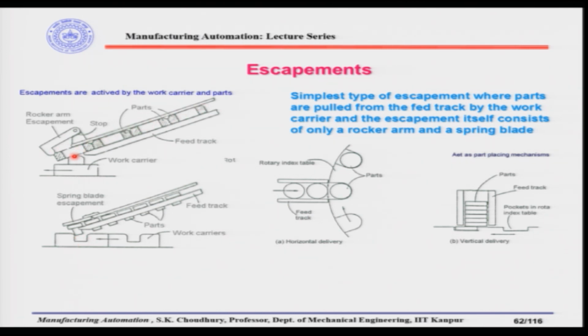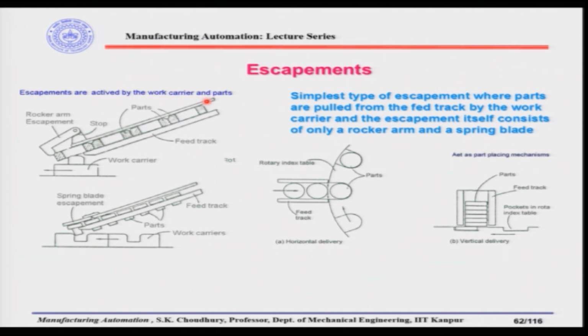So, when one part is coming here, the rocker arm escapement will stop the other parts from flowing down the feed track. Similarly, the spring blade escapement will resist the other parts from coming to the work carrier when one part is taken. Here, in both these cases, escapements are activated by the work carriers and the parts.